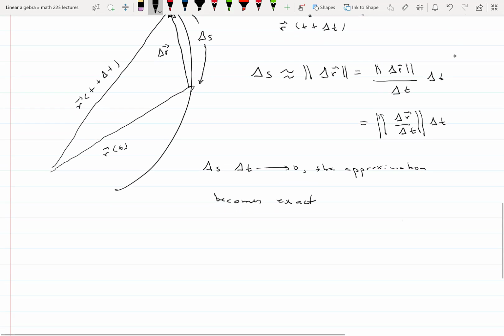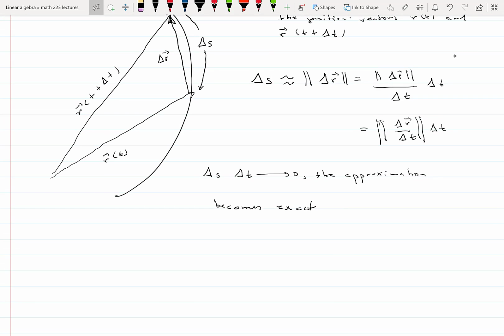As delta t approaches 0, all of our deltas can be replaced with d's to indicate infinitely small. So the differential of s, the infinitely small change in the arc length, is equal to the length of, well, as delta t approaches 0, delta r over delta t approaches the derivative dr over dt, times dt.